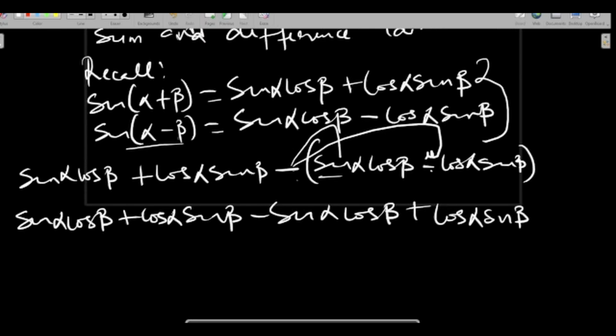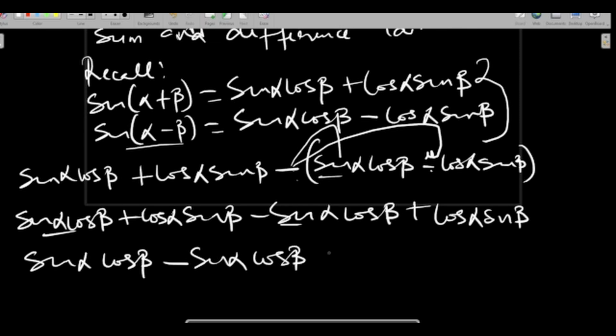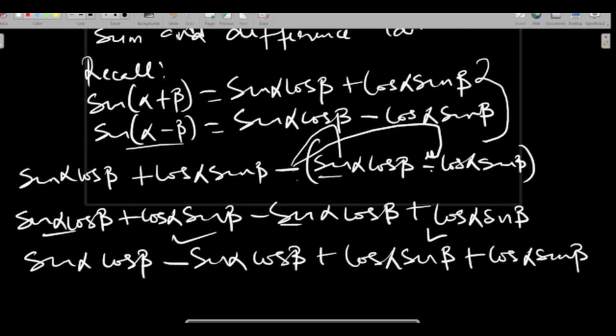So let's simplify it further. I'm going to pick the sine alpha cos beta first, and then finally the cos alpha sine beta. We get sine alpha cos beta minus sine alpha cos beta plus cos alpha sine beta, and the second one here plus cos alpha sine beta.